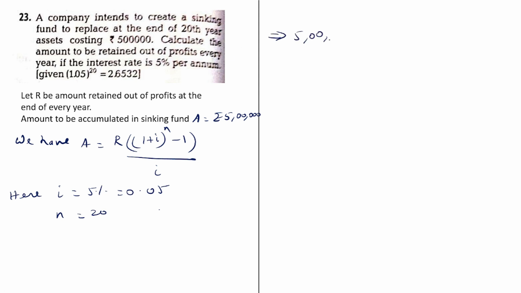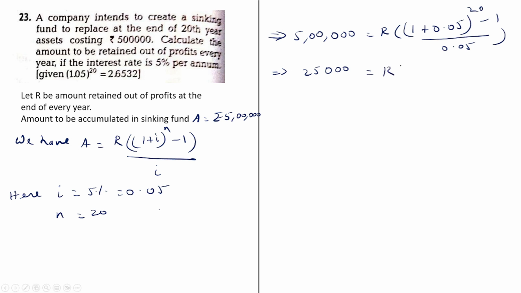This implies 5 lakhs equal to R into (1 plus 0.05) whole raised to 20 minus 1 upon 0.05. Now when we cross multiply we will get 25,000 equal to R into, here 1.05 the whole raised to 20 is 2.6532, 2.6532 minus 1, or this is R into 1.6532.